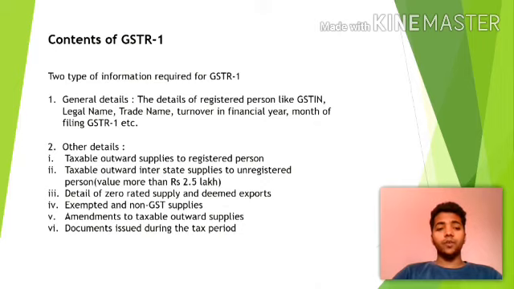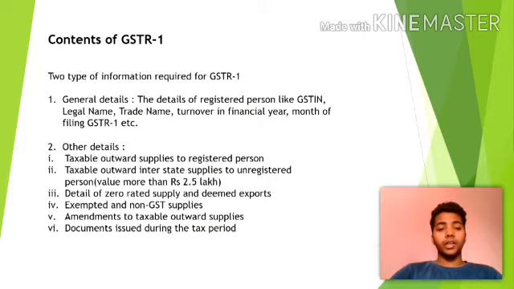And the second one is other details, like details related to the supplies of goods and services, like taxable outward supply to registered person, taxable outward interstate supplies to unregistered person where value is more than 2.5 lakh, details of zero rated supply and deemed exports, exempted and non-GST supplies, amendment to taxable outward supply, and documents issued during the tax period.